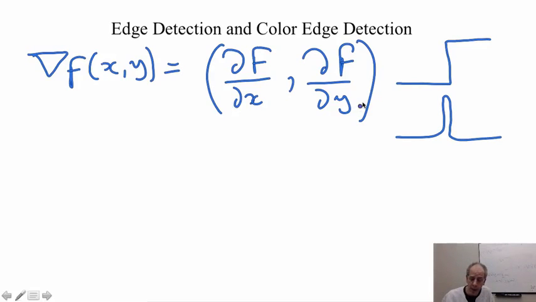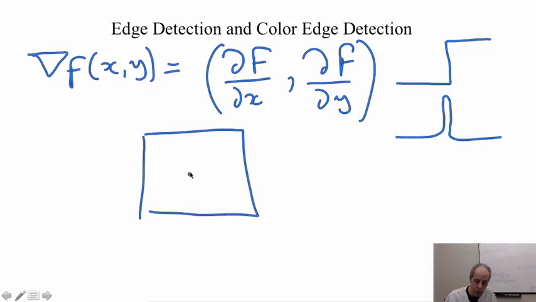Now, the gradient is one important derivative, and one of the important characteristics, in case you don't remember that from your early calc classes, is this: when you sit at a certain pixel in the image and you ask yourself in which direction my image is changing the most, so in which direction should I take a step to get a big jump in the pixel values of my image, it turns out that direction is the gradient.